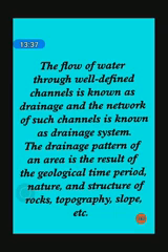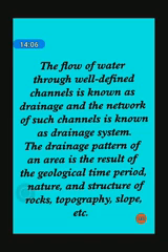And then we see the flow of water through well-defined channels is known as drainage, and the network of such channels is known as drainage system. I'm giving you the basic, simple information about what we mean by drainage.